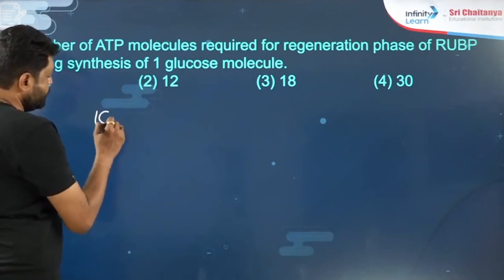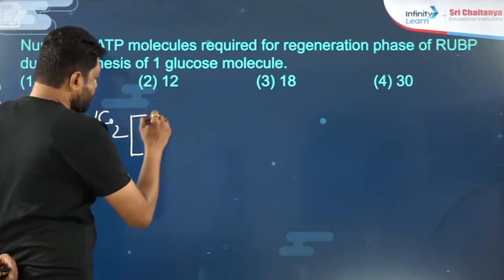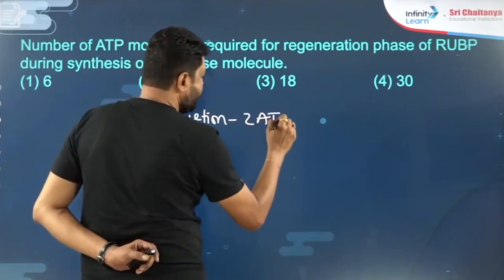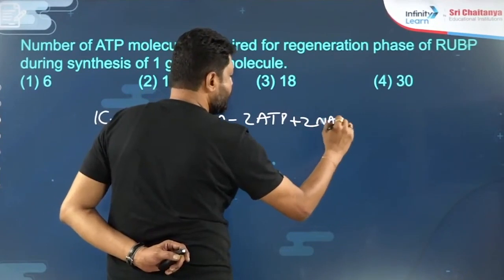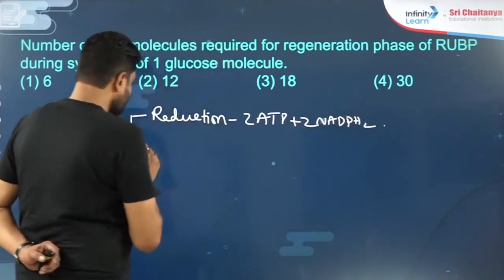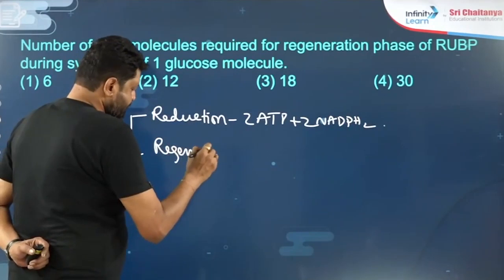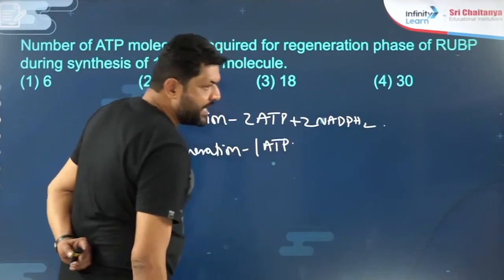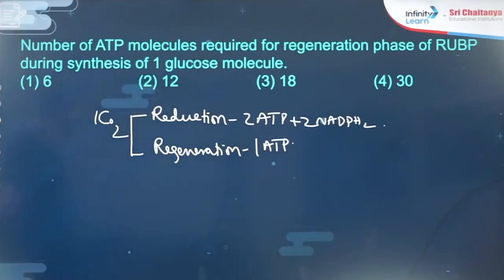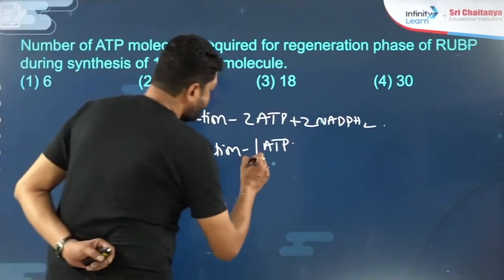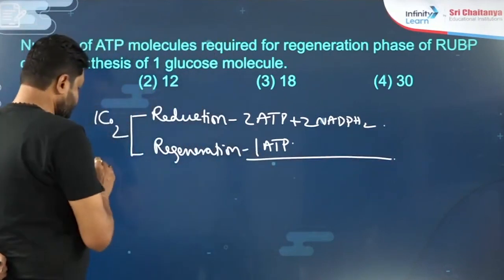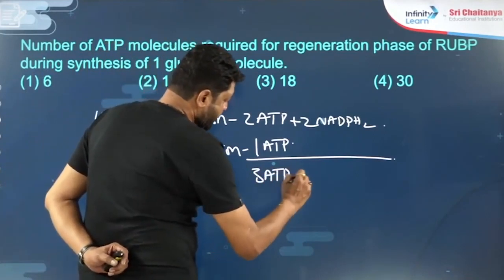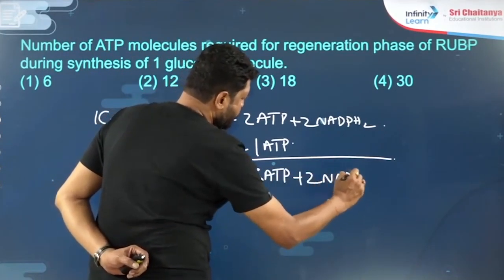For reduction of 1 CO2, 2 ATP plus 2 NADPH2, and regeneration 1 ATP, totally 3 ATP plus 2 NADPH2.